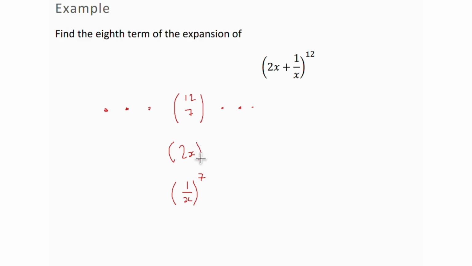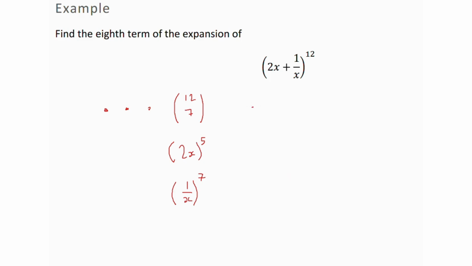And that's always true. This is always going to be equal to the r in n choose r. But the other thing we know is that these two powers always sum up to 12, the total power. So once we know that one's 7, we know this one has to be 5.